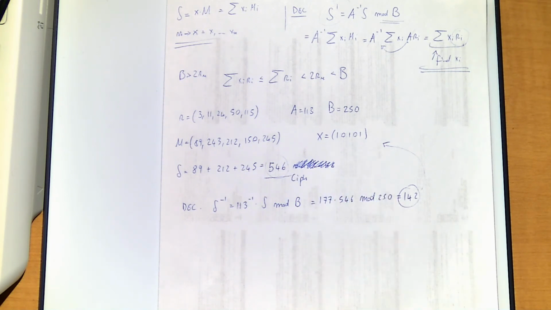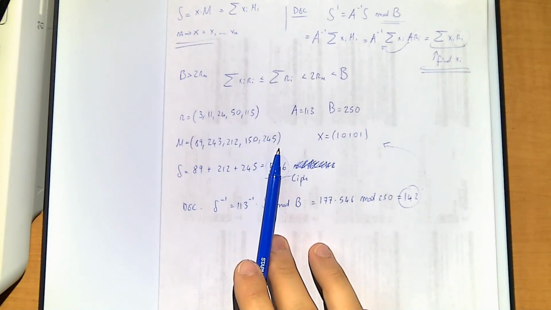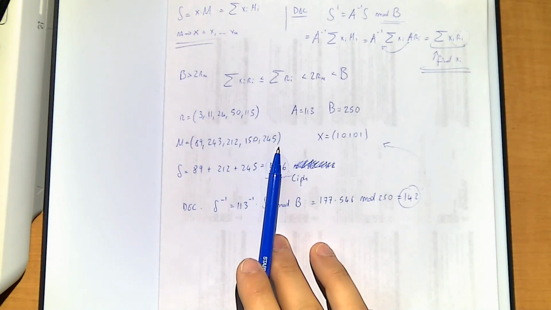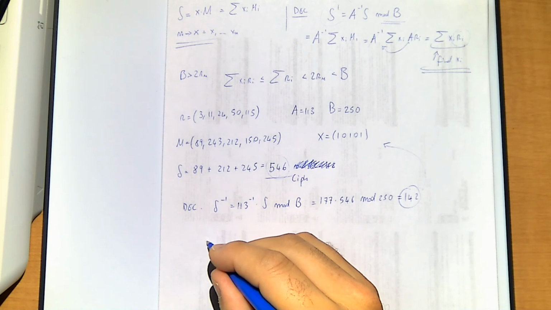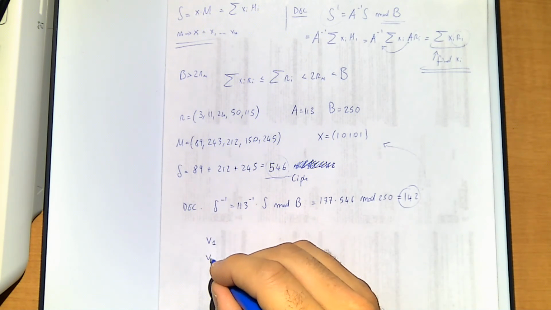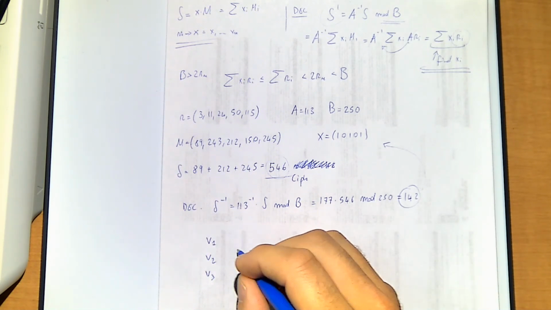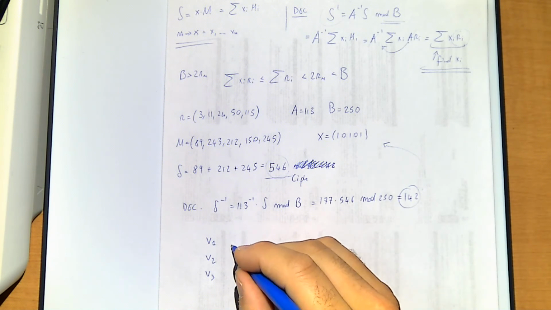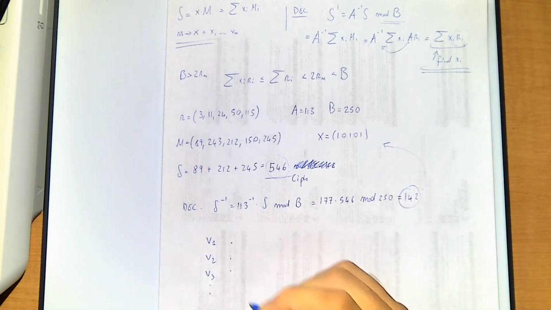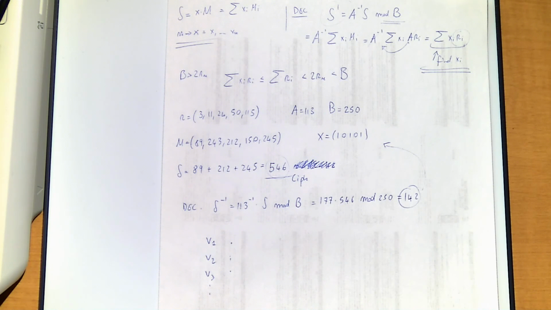Okay, so now what if these elements, instead of being integers, are vectors? So I have a vector v1, a vector v2, a vector v3, right? And then I take a linear combination of some of these and so on, right? It's still a knapsack problem, except instead of having integers, I have vectors, right? Make sense?